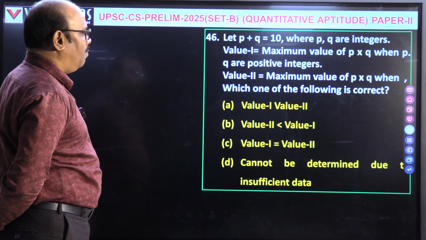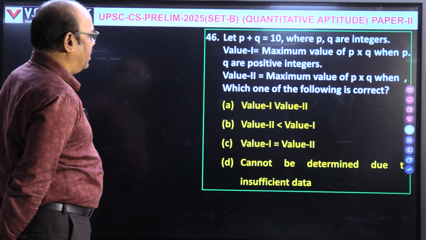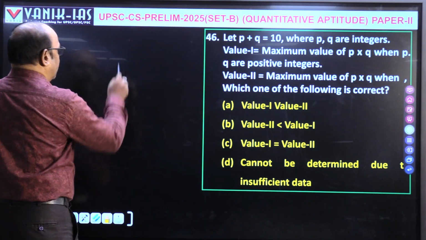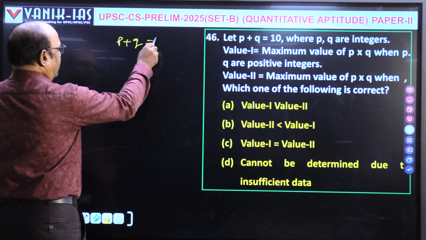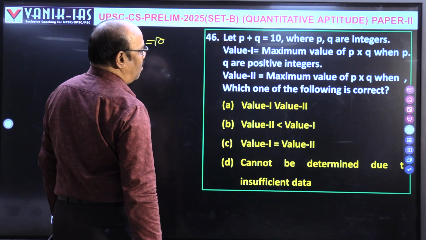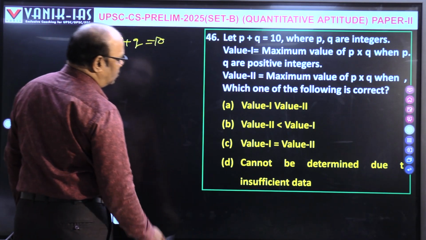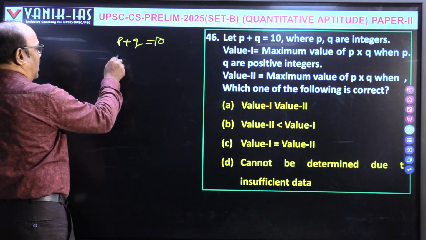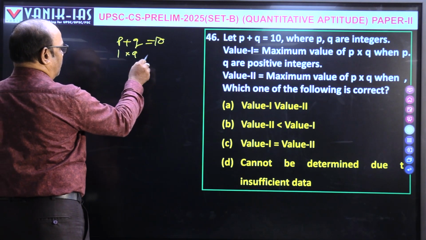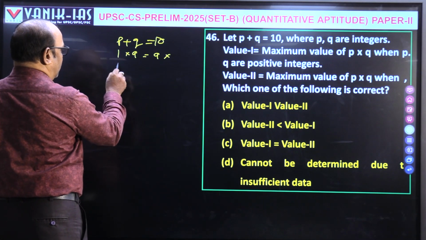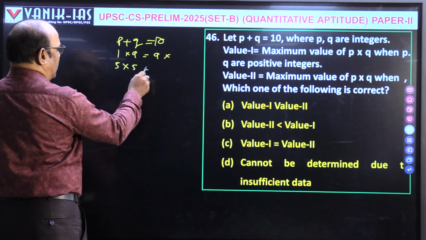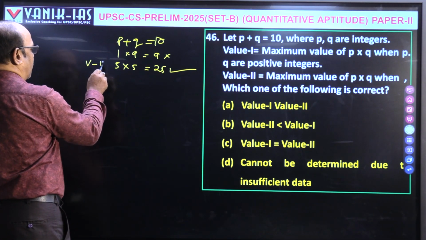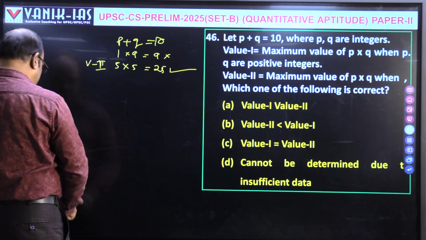Value 2: maximum value of P into Q, when... If P plus Q equals 10, you can take many possibilities, 1 and 9 gives multiplication 9, but the maximum is 5 into 5, which is 25. So this is value 1.